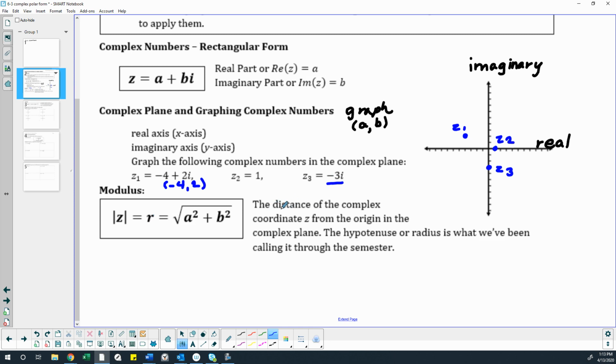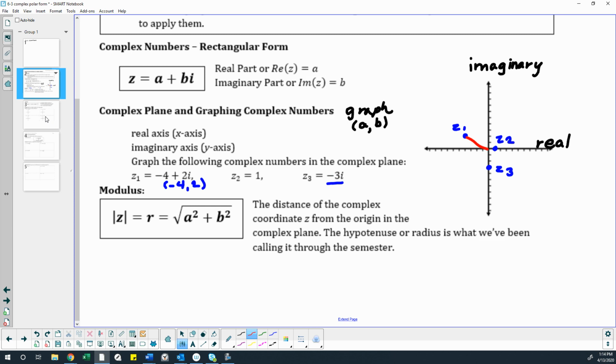It really just means the distance of the complex number from the origin. So when we find the modulus of a complex number, we're finding its distance from 0, basically. I've actually seen questions on sample ACTs that have this kind of terminology in them. So obviously we're using the Pythagorean theorem to go ahead and find that modulus.